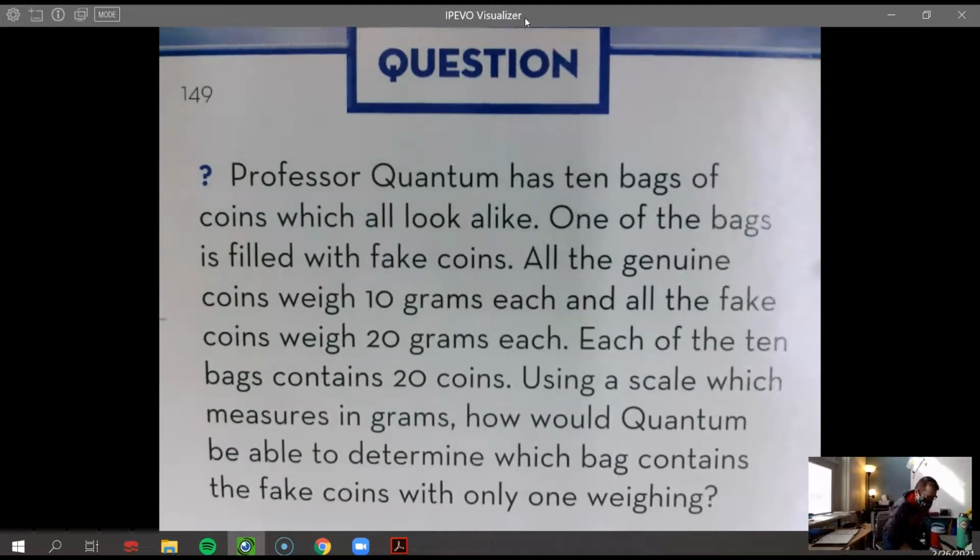I mean, no, again, they would just have to mass them or check the coins in some other way. Each bag has 20 coins in it.